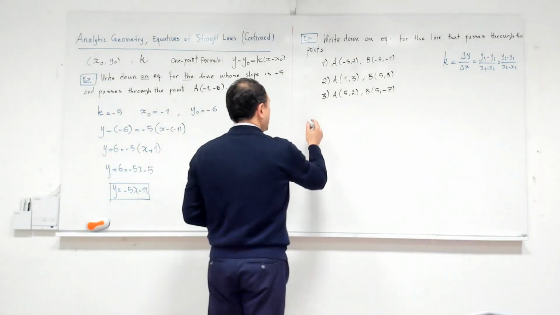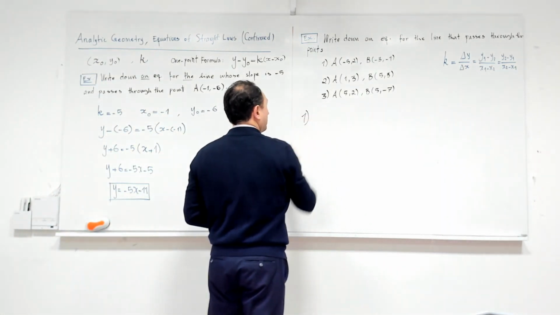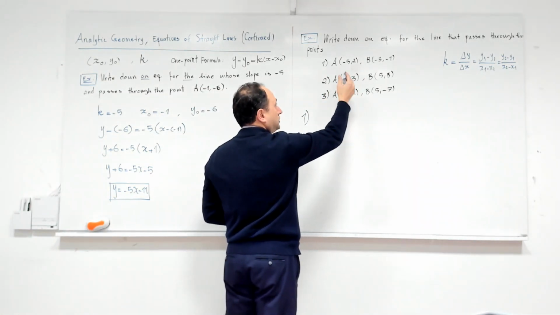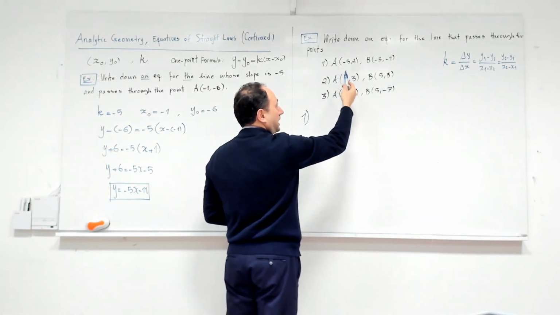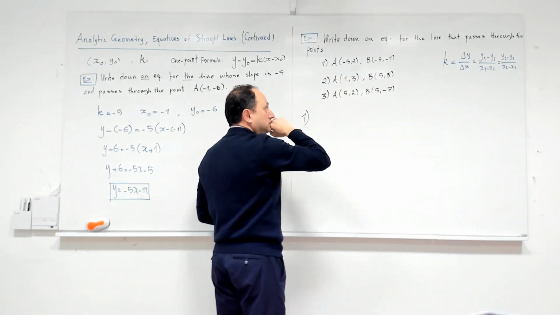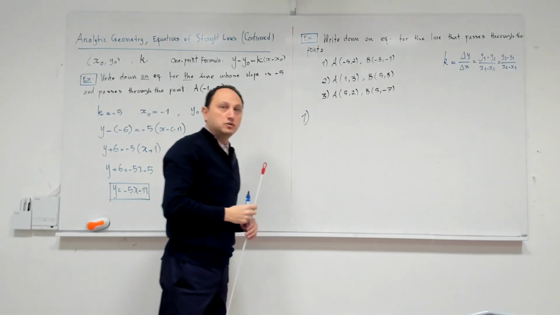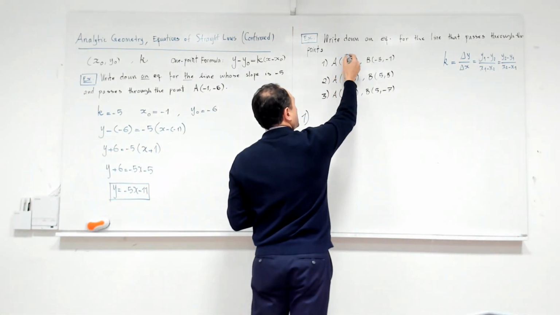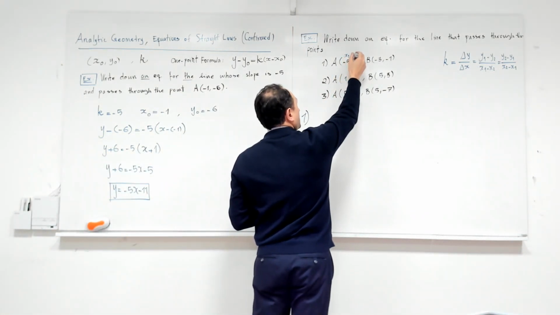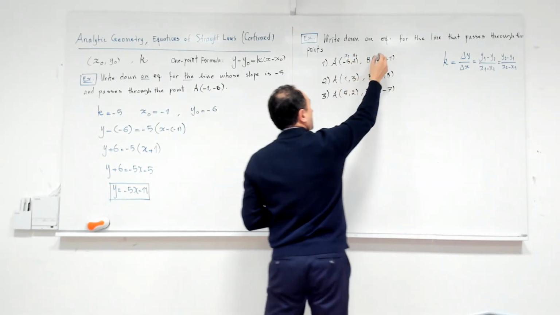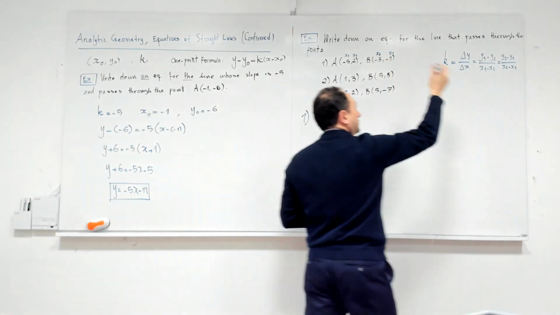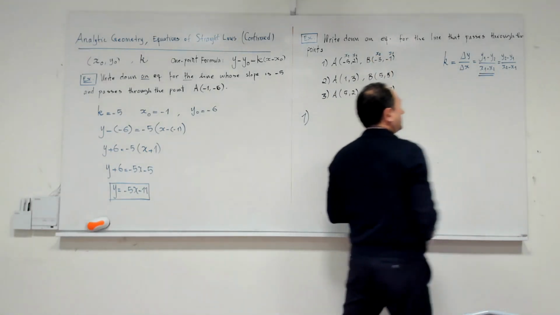Okay, let me do it here now. So number 1. Here, it doesn't matter. You need to give names x1 and y1 to one of them, and x2 and y2 to the other one. It doesn't matter which one you do that to. So let me take this one as x1 and this one as y1, and then I take this one to be x2 and y2, and let me, for example, use this middle formula.